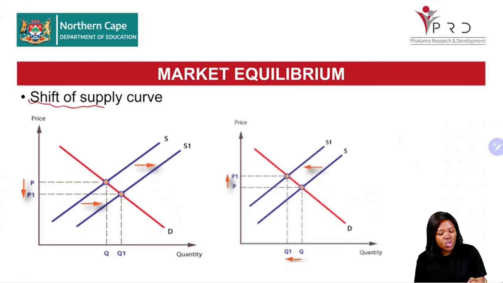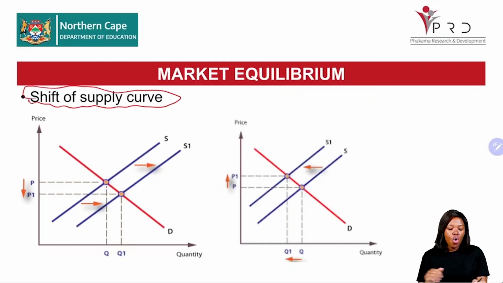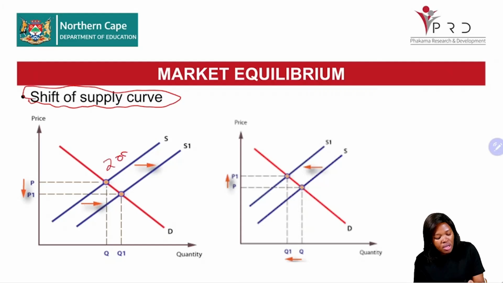Now, what happens when the supply curve shifts, whether to the right or to the left? Remember, the supply curve is always going upward. The price is directly proportional to the supply, or the supply is directly proportional to the price. Now, when the supply curve shifts in the market, let's just say the supplier used to produce about 2,000 products.